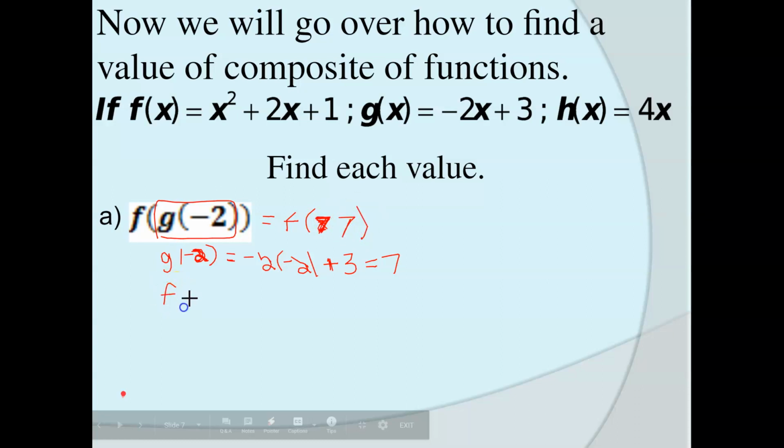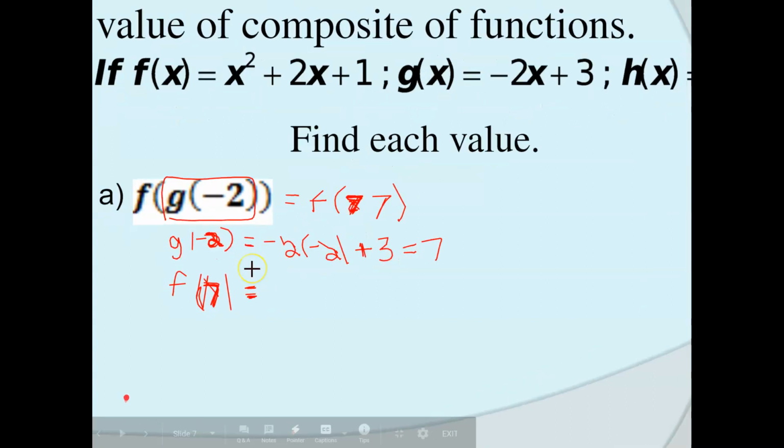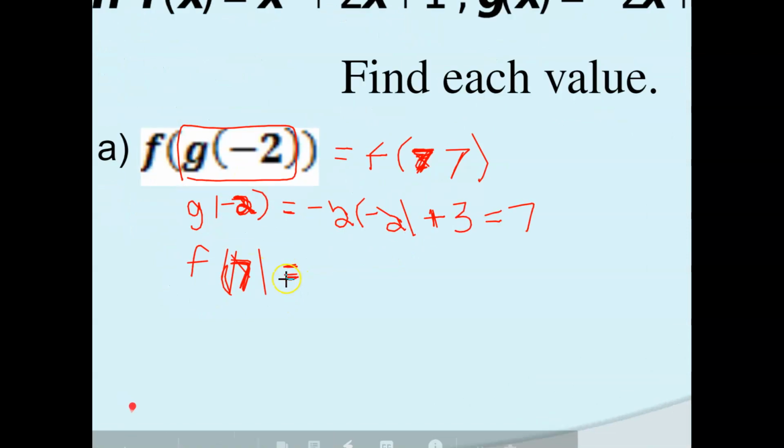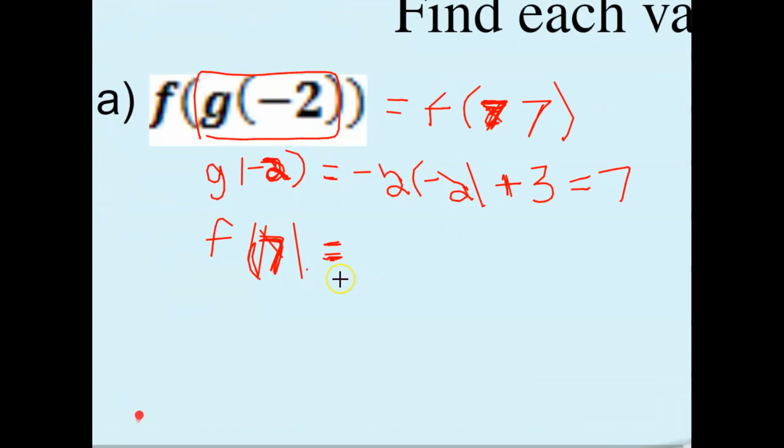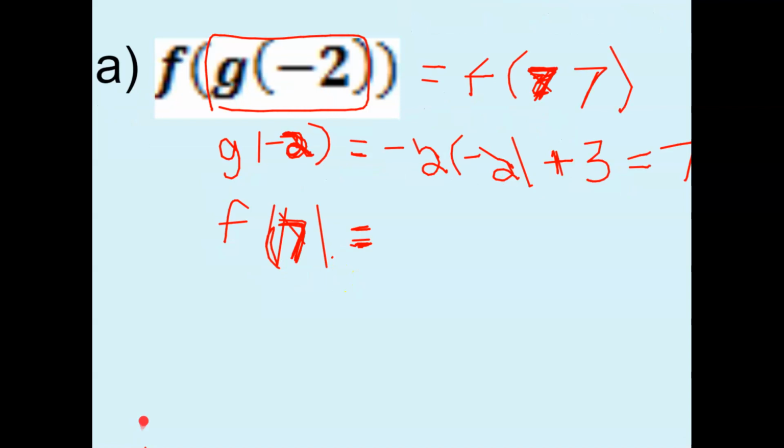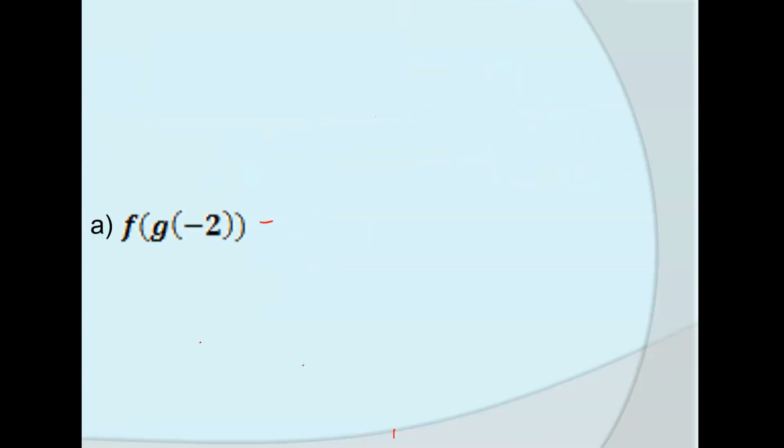So f of 7 is equal to 7 squared. So again, this is like finding f of 7.